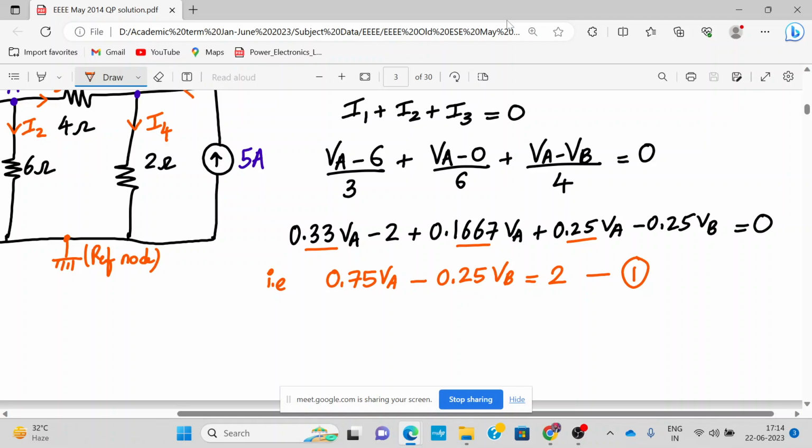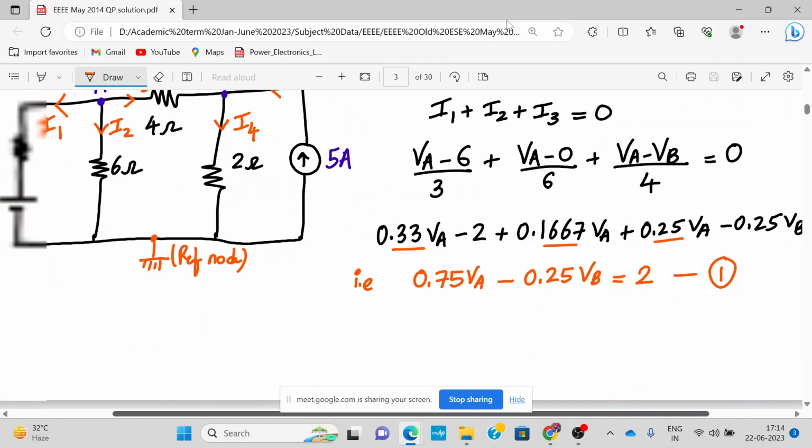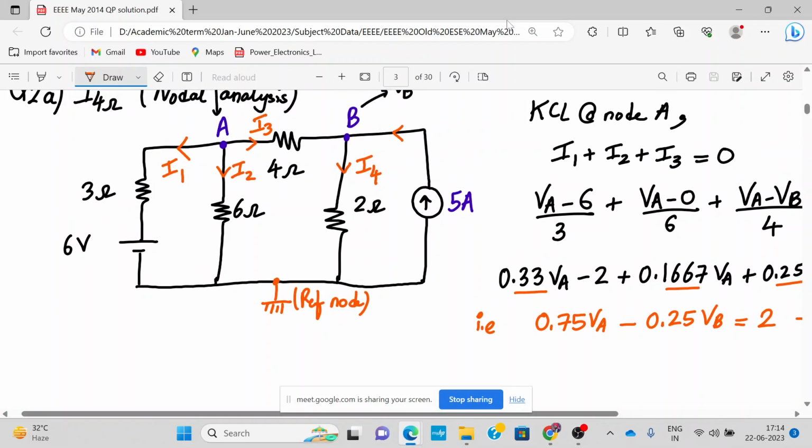Yes, sir. Oh, great. Now, next step is we have to apply the KCL at node B. So, let me use green color. KCL at node B. So, what is KCL at node B? Now, this is tricky. Tell me which are the incoming currents, which are the outgoing currents.